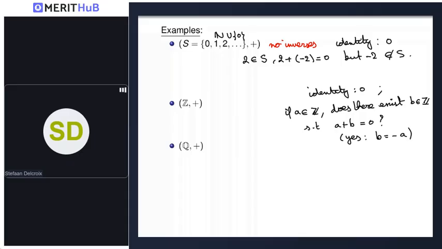But why? It's an axiom. We cannot prove it for the integers, but we will have to prove it for the rational numbers. So for rational numbers, we also have additive inverses.